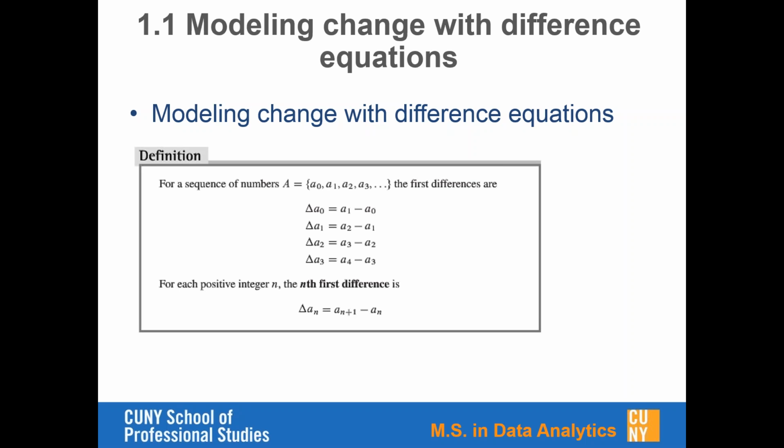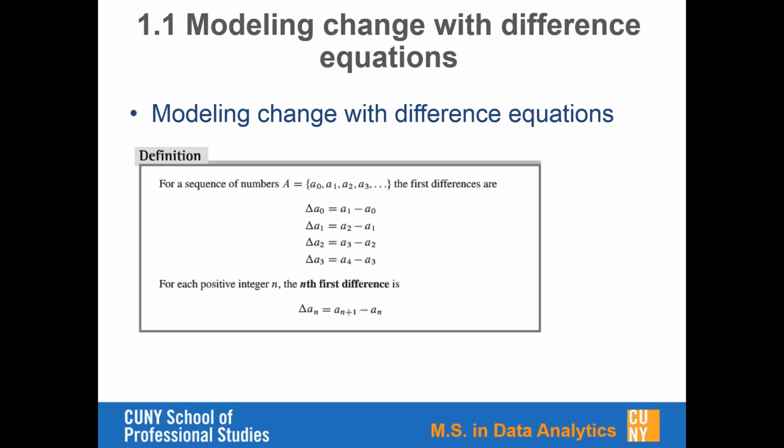And in high school, you probably studied the constant change sequence. So it's really similar to that, except that here we didn't say that delta A0 equal to delta A1 equal to delta A2, etc.